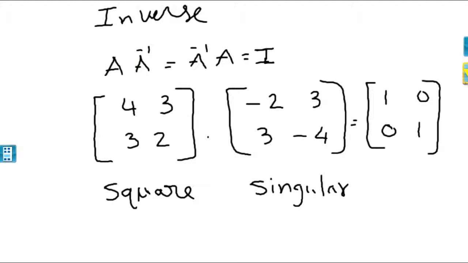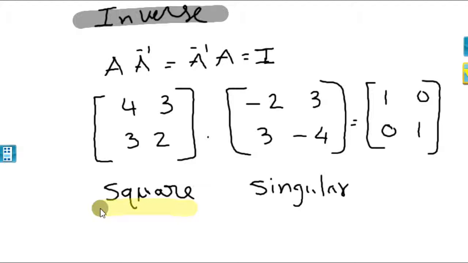The inverse of a matrix. The inverse of a matrix is another matrix which, when multiplied by the original matrix, gives the identity matrix. So in order for a matrix to have an inverse, it must be a square matrix.